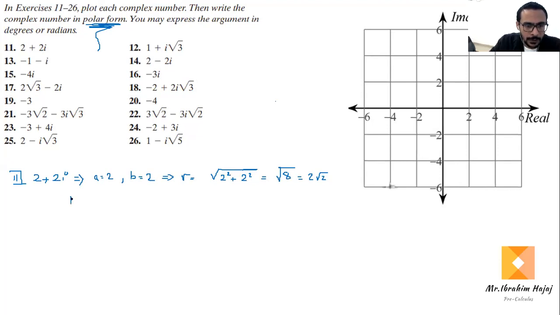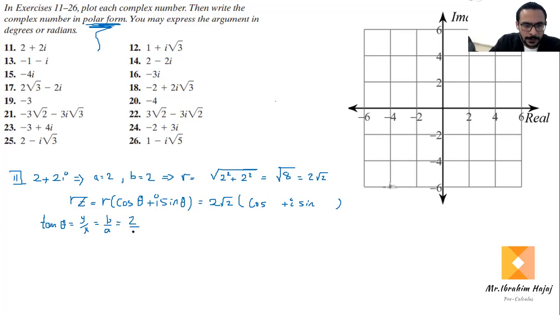To write number 11, 2 plus 2i, we write z equals r times cosine theta plus i sine theta. So r is 2 radical 2, and we need the angle, the argument. tan theta equals b over a, so it's 2 over 2, which equals 1.